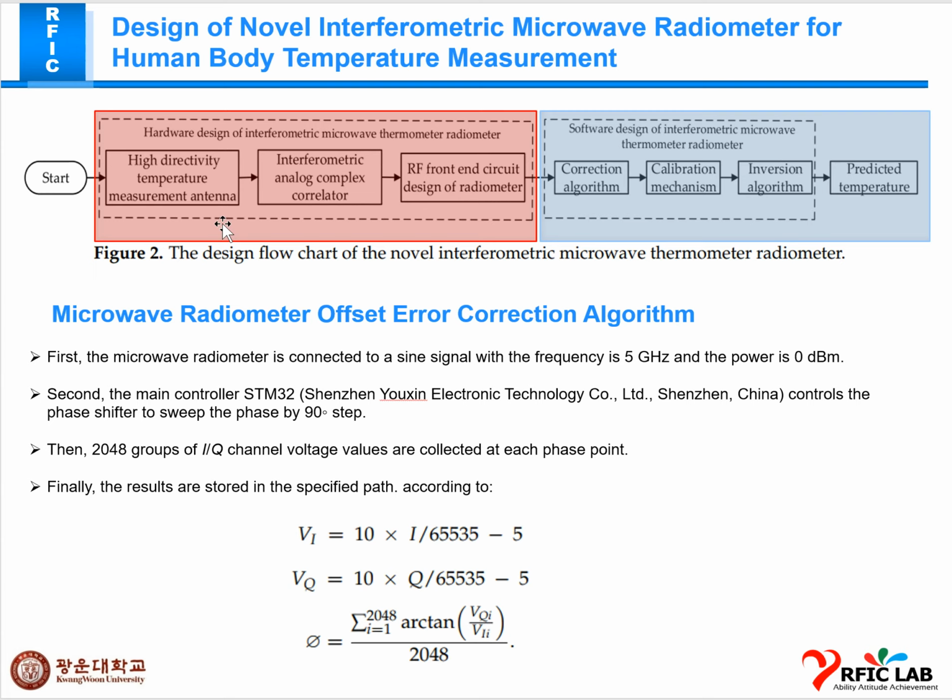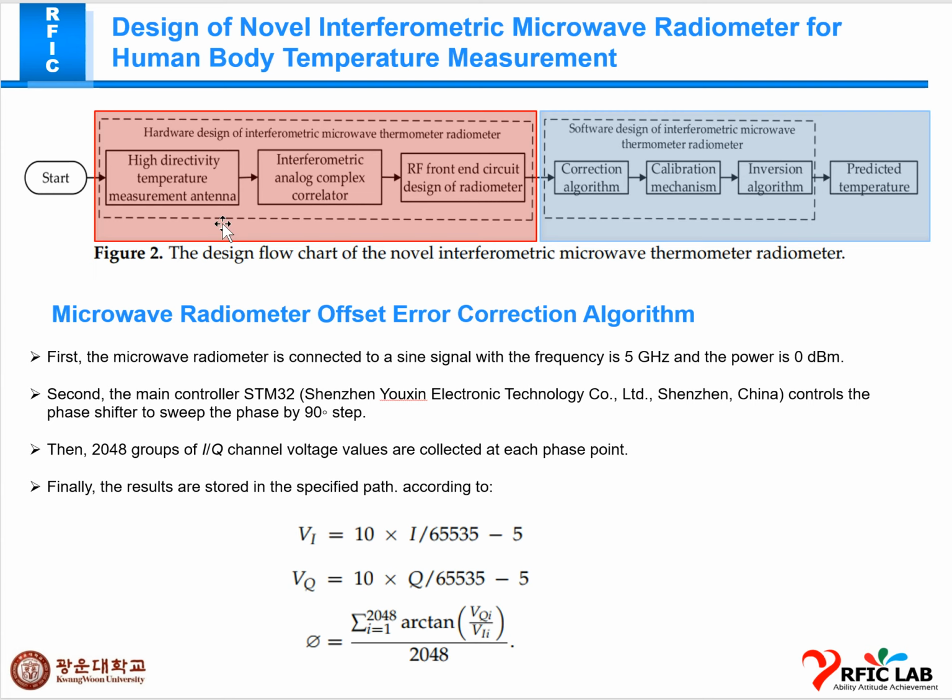In the software part, the first section is about the correction algorithm for offset error using the microwave radiometer. In this, it is connected to a sine signal with frequency 5 gigahertz and power 0 dBm.